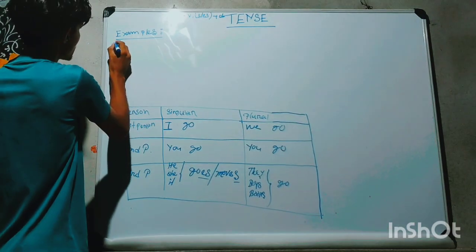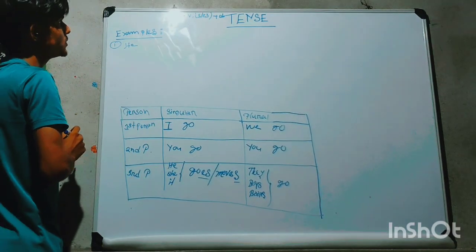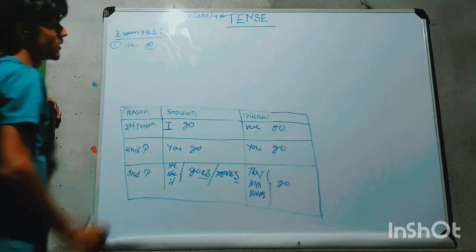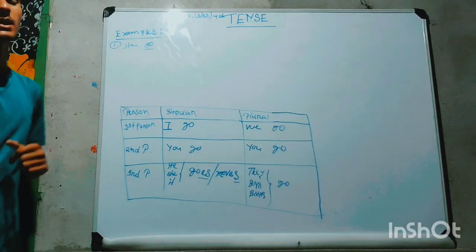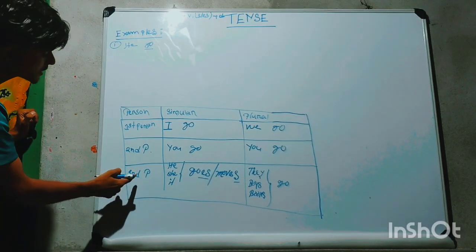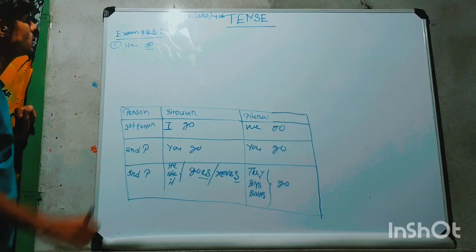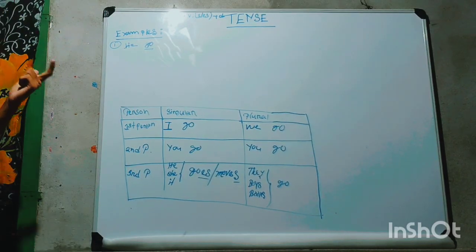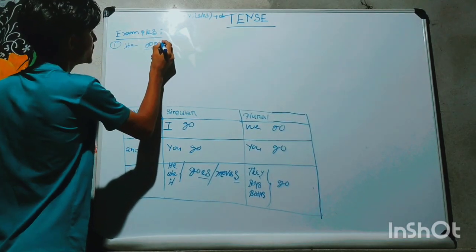First use the subject. We use he. Go. Then we come to s/es. If the sentence is third person singular number, we use s/es. He is third person singular number, so we use s/es. As per the requirement in go, we use es.